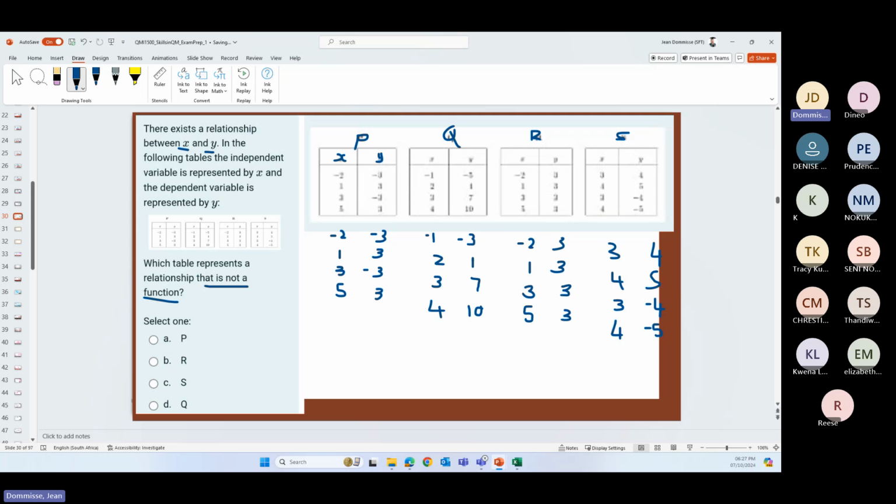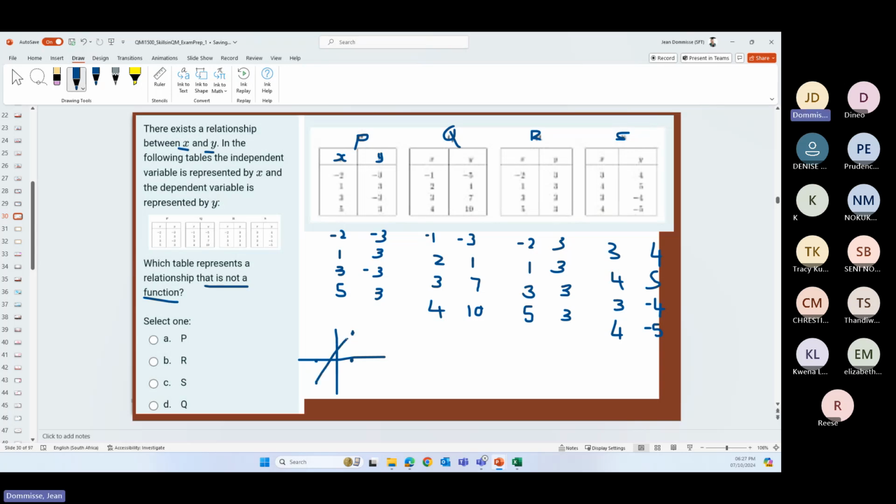a function. Okay, so with that information, let's quickly just look at this and say, okay, x is -2, where it's -3, where x is 1, we get y is equal to 3.